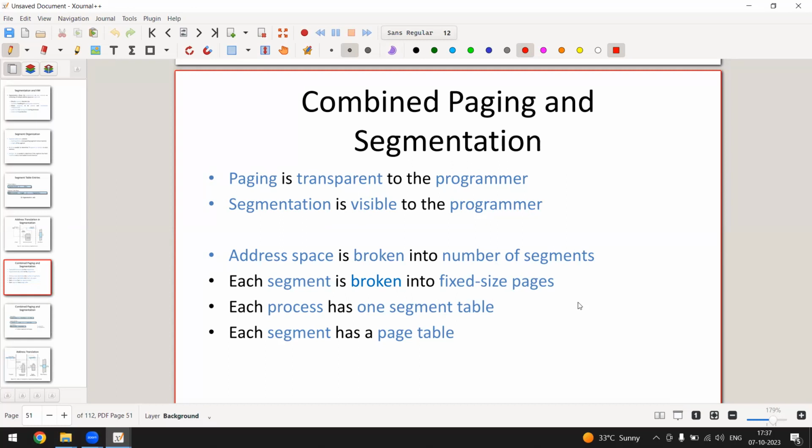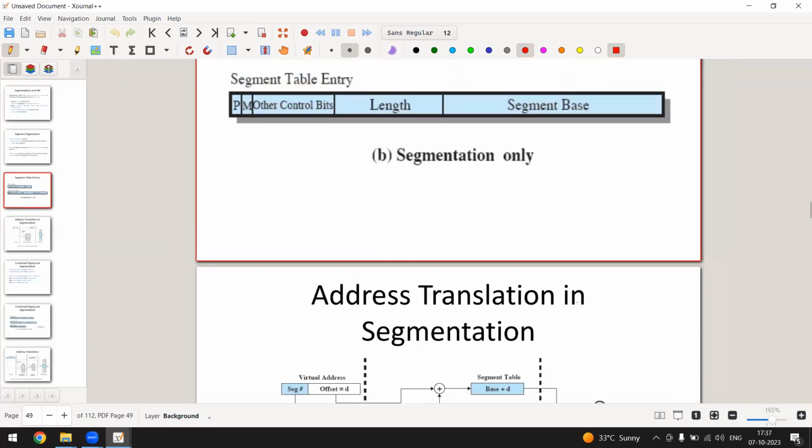So remember that TLB is a cache of page table entries. Whichever entries are accessed very frequently, they are stored in the cache. So later on, if they are accessed again, you can directly find the physical address from the cache memory, from the TLB, rather than going to the main memory.